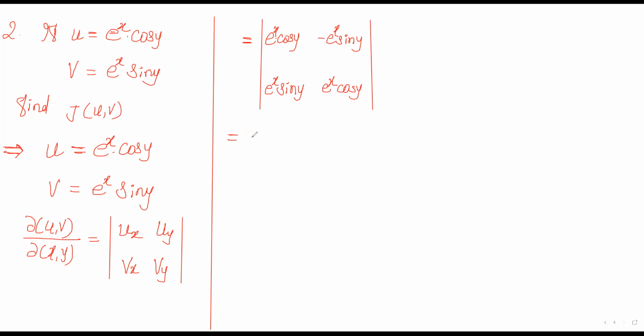So it is e raised to 2x into cos square y, minus minus becomes plus, e raised to x into e raised to x, e raised to 2x into sin square y, which is equal to e raised to 2x into cos square y plus sin square y, which is equal to e raised to 2x. This is the answer.